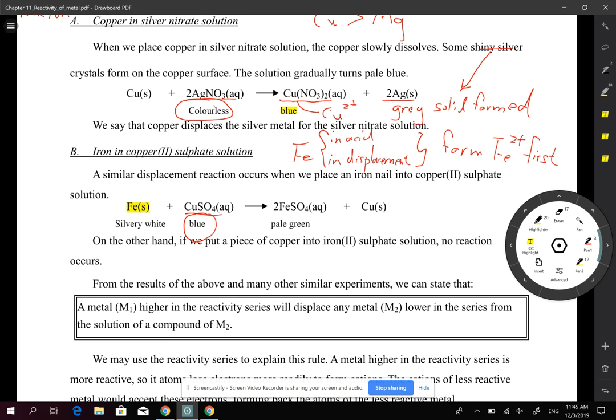Then finally the copper ion will be removed, so the solution will no longer be blue. But we have some iron 2 ion formed. And do you still remember the color of iron 2 ion? Pale green. So the color of the solution turns from blue to pale green.